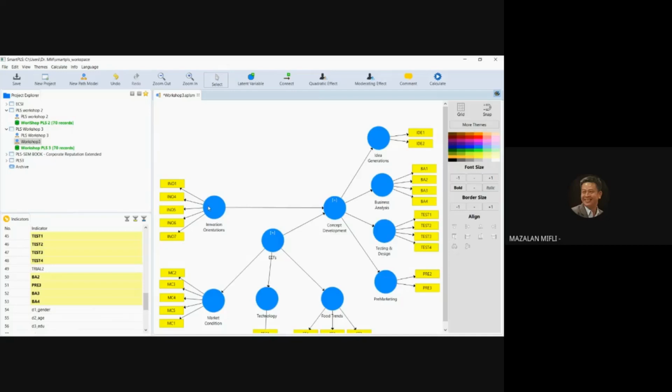Those are people who make decisions in product innovations. So the theory says that if you have managers or owners who are involved in product innovations and are thinking more towards radical, radical is to create new products, something that is not available in the market.